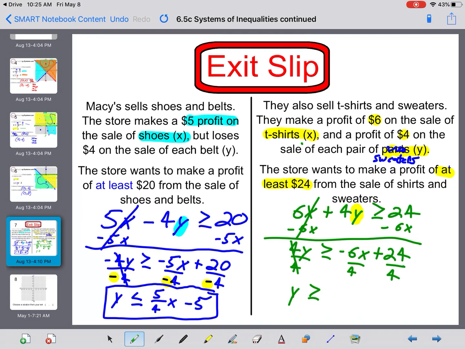Y is greater than or equal to negative 6 over 4. Well, that could be simplified. Both of those numbers are even. They could be divided by 2. So that really becomes negative 3 over 2x. 24 divided by 4 is 6, plus 6. Here is your second inequality.